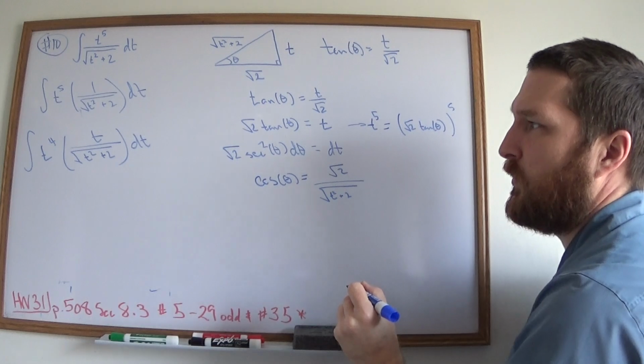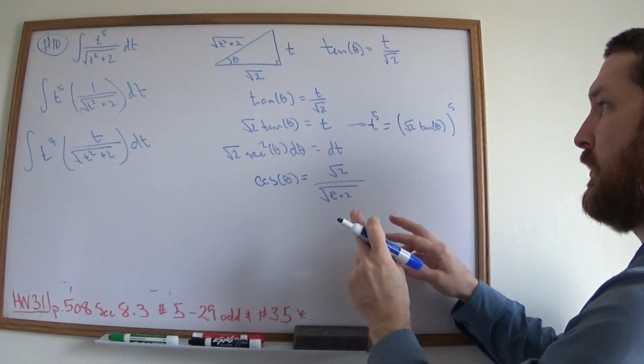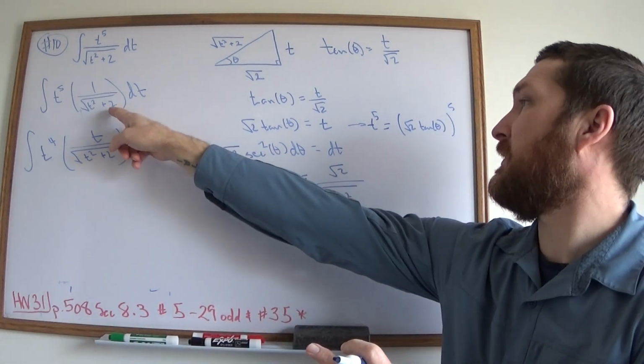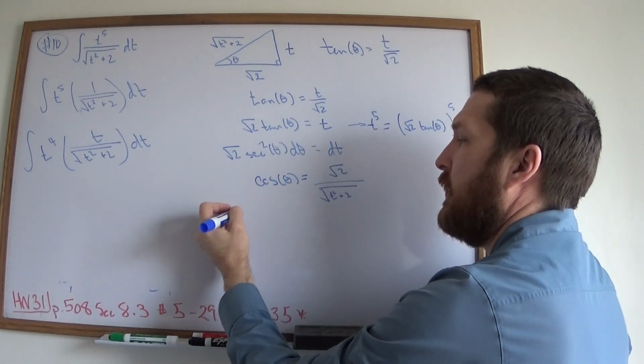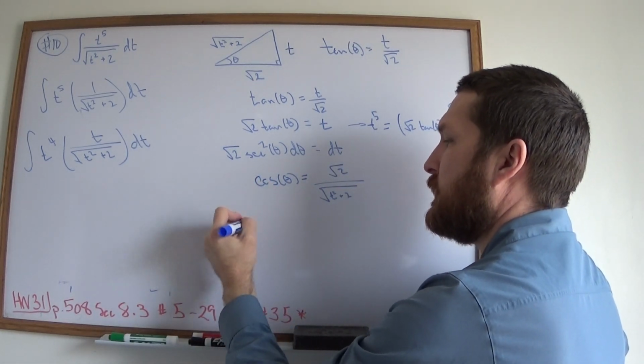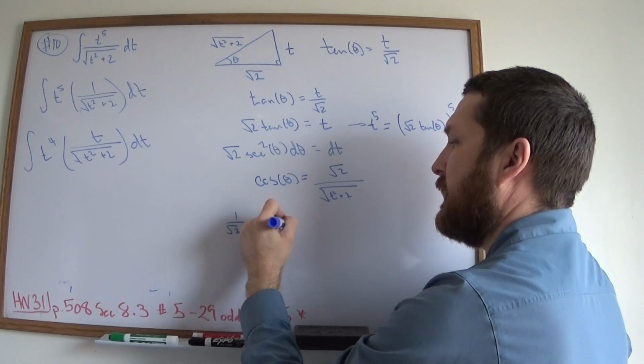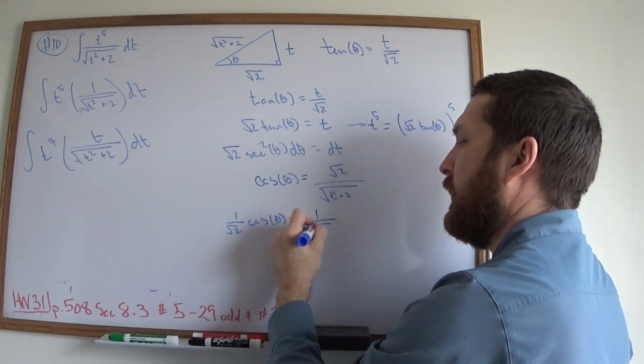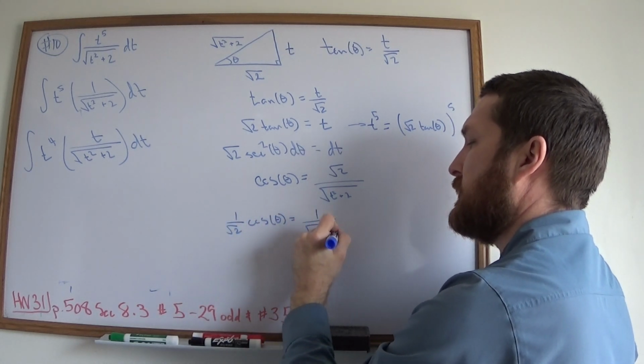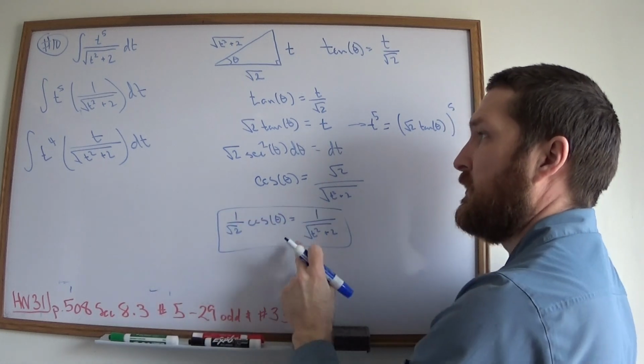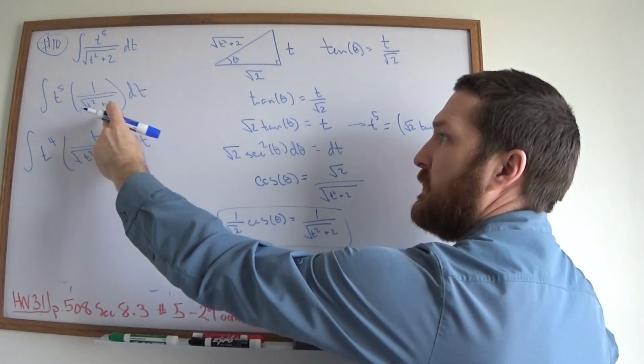And so, why am I doing, oh, I was doing it because of that right there. And so 1 over root 2 cosine theta is 1 over t squared plus 2. And so that's what I substitute in here.